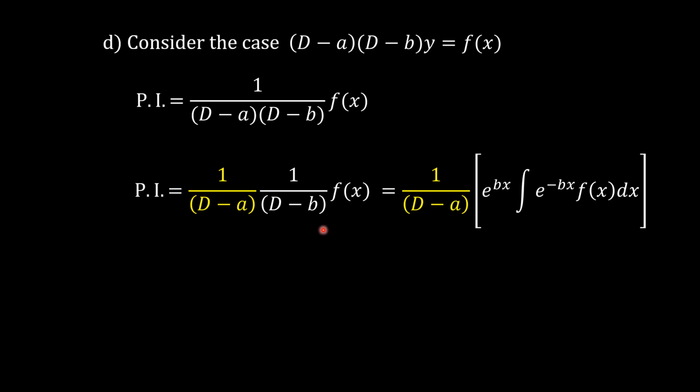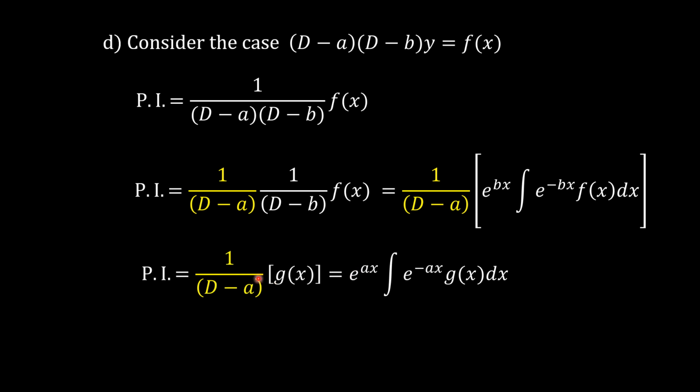Now using the first case, we will get it as 1 upon (D minus a) into e raised to bx integration of e raised to minus bx into f of x dx. We simplify this term and we will call it g of x, because after simplifying we will get a function of x only. So we are left with 1 upon (D minus a) of g of x.